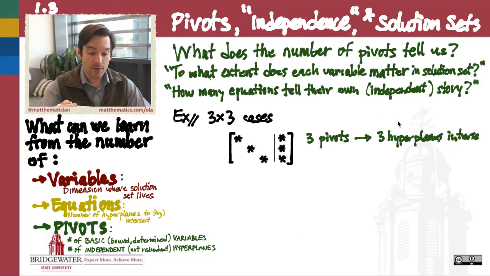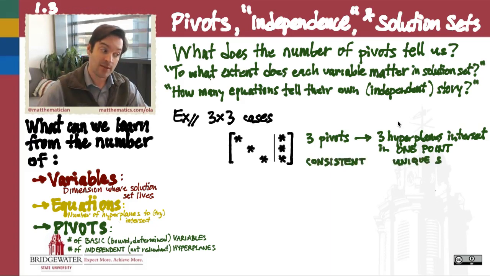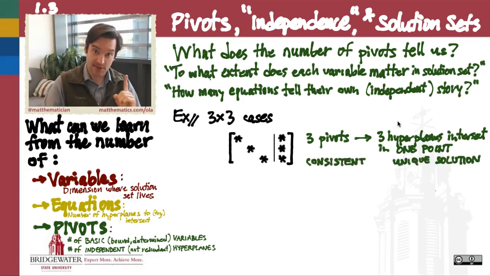So in the rows viewpoint, my 3 pivots, my pivot rows, tell me that all 3 of my hyperplanes matter. They all tell a unique independent story that the others do not. And so they intersect in a single point. That means that my system is consistent. It has solutions. There's at least one x, y, and z that solve this system. But also that the solution of that system is unique.